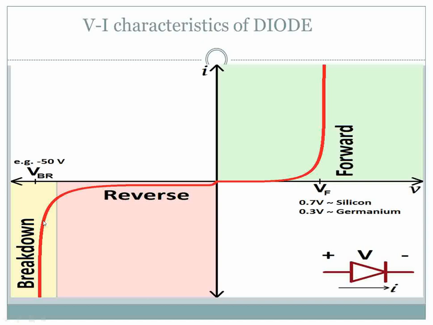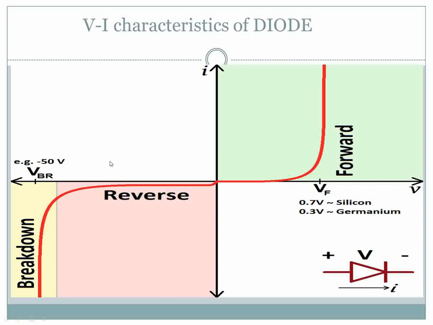Because of this influence, the majority charge carriers flow away from the junction, but the minority charge carriers, which are electrons in the p-type and holes in the n-type, flow through the junction in the order of micro or milliamperes by the external voltage applied in the reverse bias.